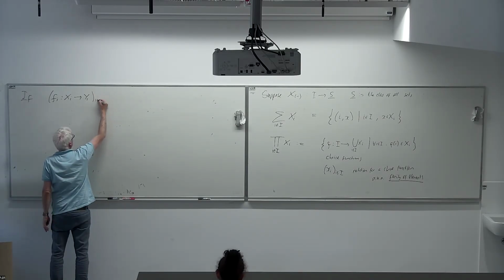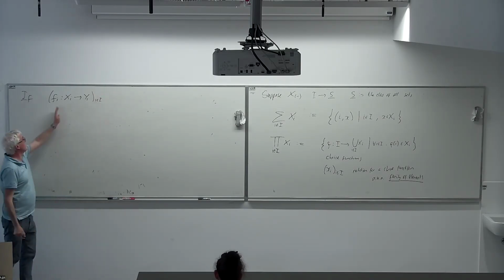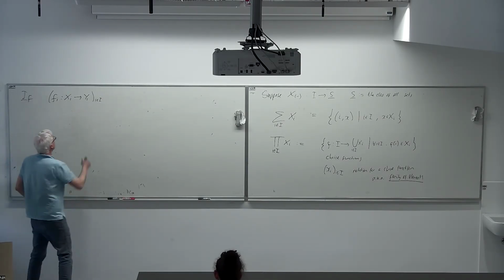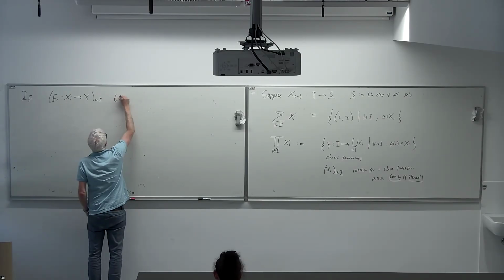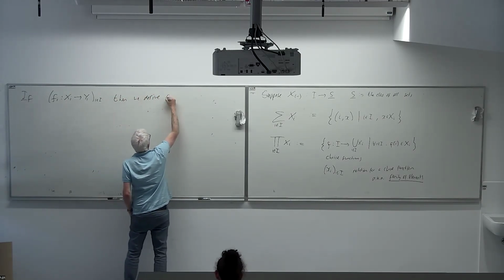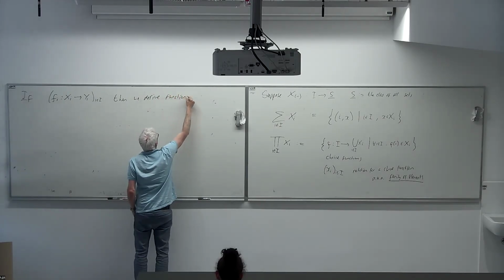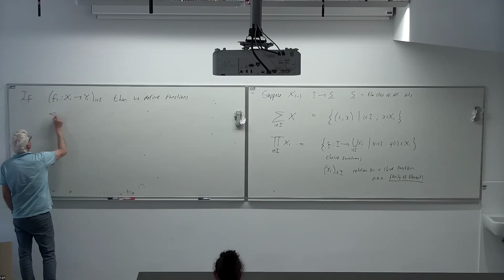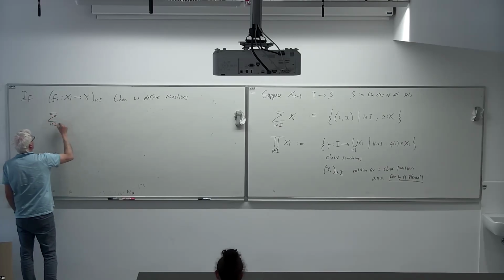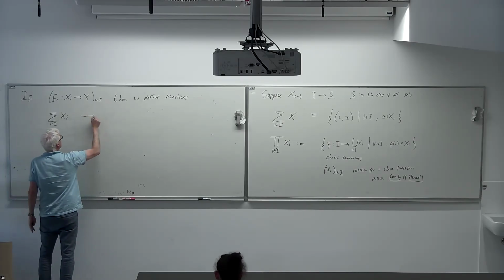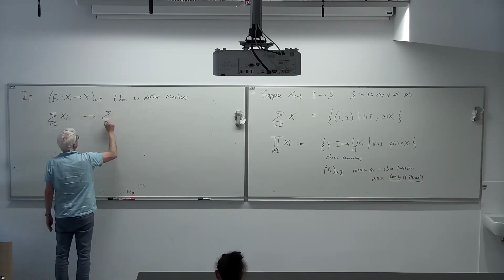And if we have a family of functions between the corresponding sets, then we can derive a function from the sum of the X sets to the sum of the Y sets.